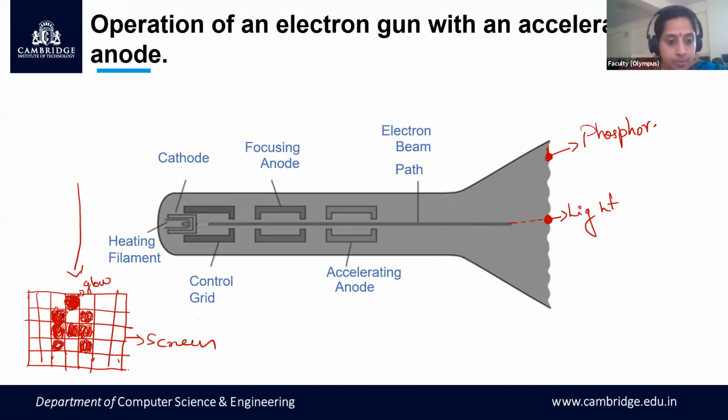So now the beam comes and stays here. This is a glow. Whichever pixel I have filled, there the beam has hit the phosphor screen. Wherever it has been hit, I have marked it in red color, filled it. So for us, it is a glow, it is light.